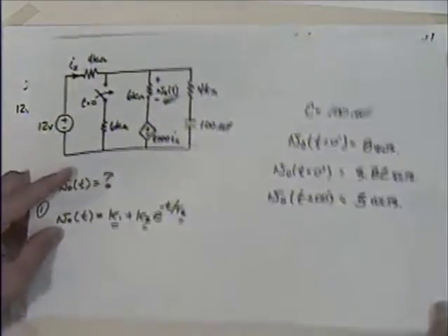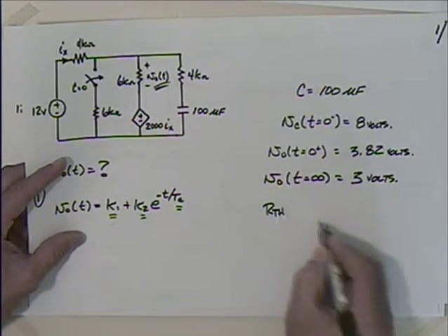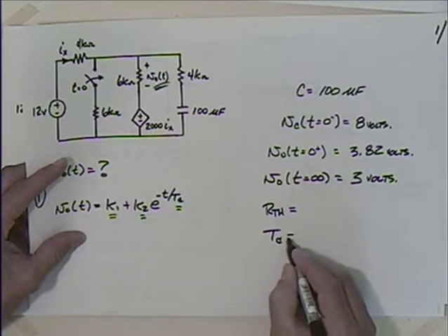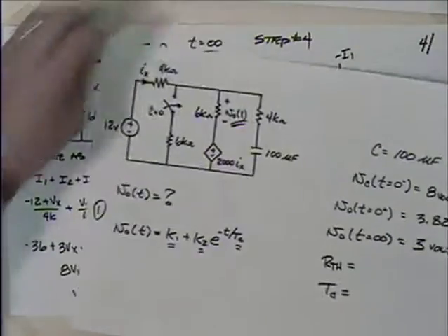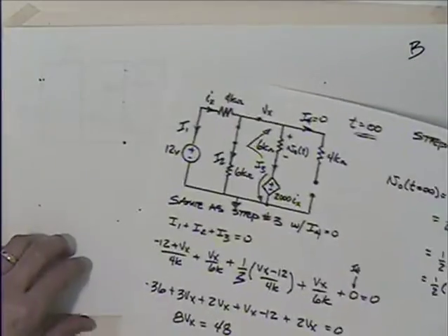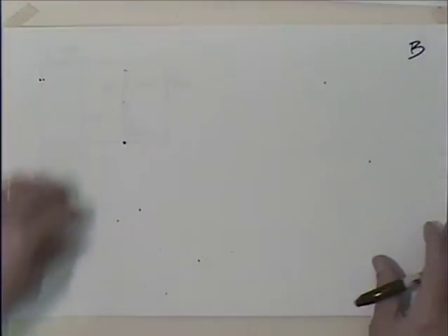Well, on the scorecard, step number 5 is to find R Thevenin, because with R Thevenin, we can get the time constant, right? That's step number 5, R Thevenin. That's where we're going to have to start earning our money on this problem, because we have that dependent source. So let's do that.